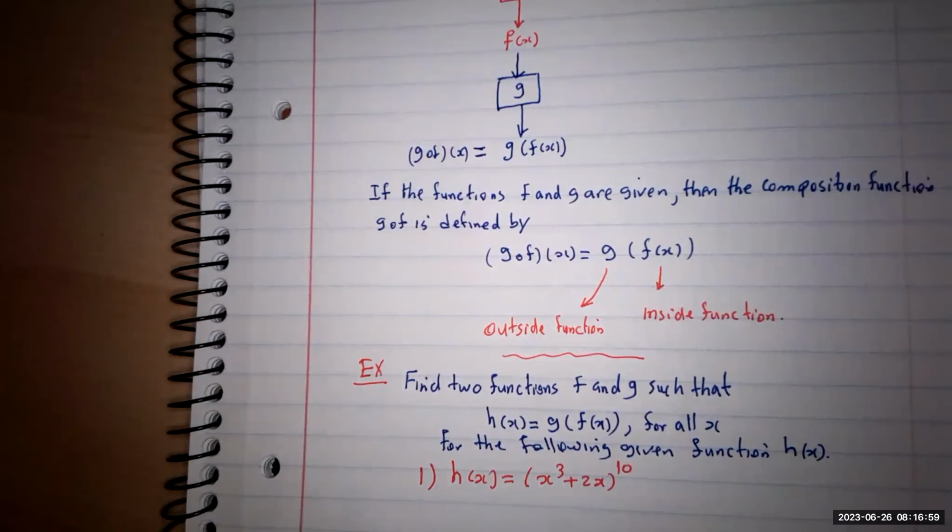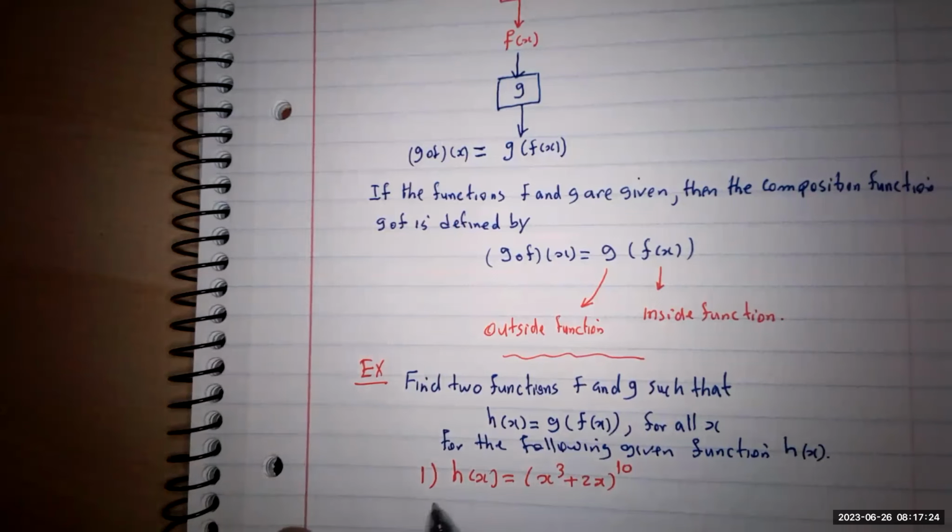So the first action that we do, the inside one, is going to be your inside function. So this is going to be your f of x. The inside function is going to be x cubed plus 2x. The outside function, when you do it, is the powering. So the outside is the power function. The inside is just whatever is inside the parentheses.